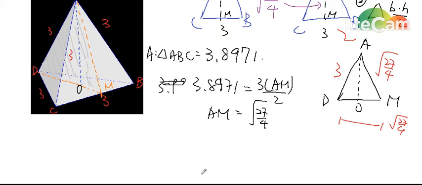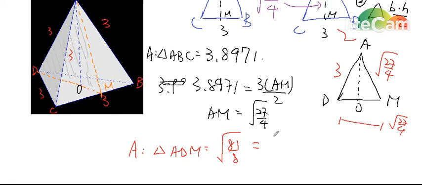Through the calculator, we know that the area of triangle ADM is equal to the square root of 81/8, and then we use this to compare with the area of the triangle.